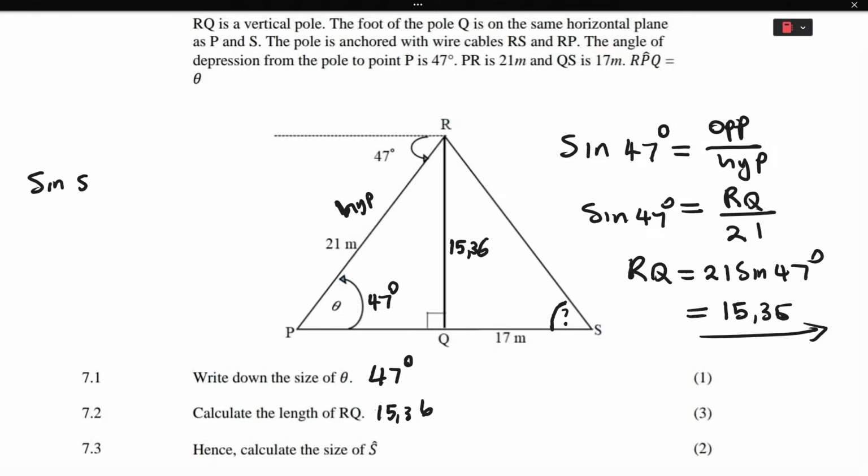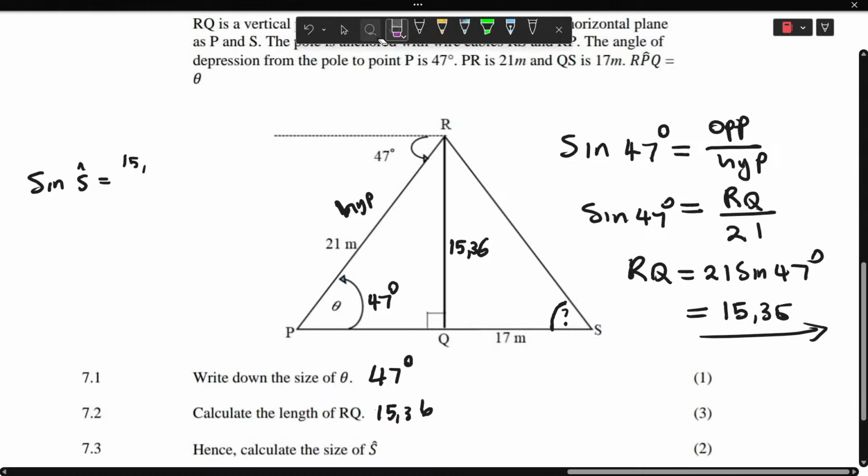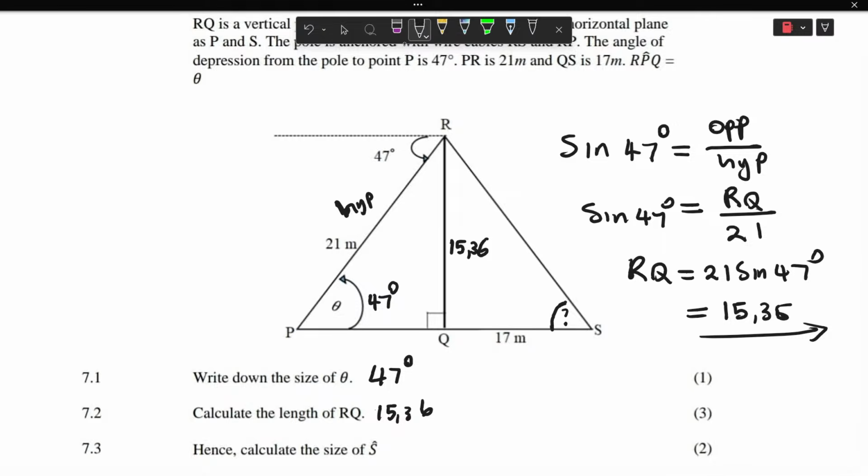So we're going to say sine angle S is equal to opposite. No, I can't use sine. I think I must use tan. You see the reason why I was teaching you the one for tan in the beginning, because it's opposite over adjacent. So you can say tan angle S is equal to 15.36 over 17.